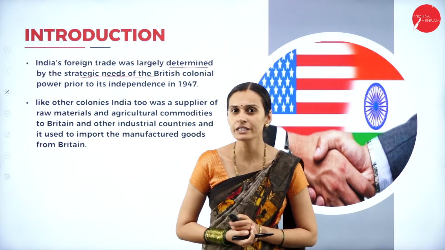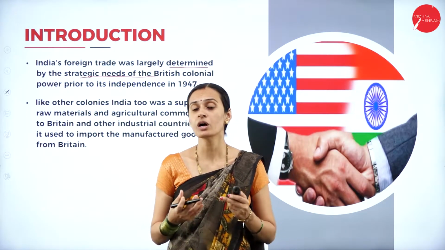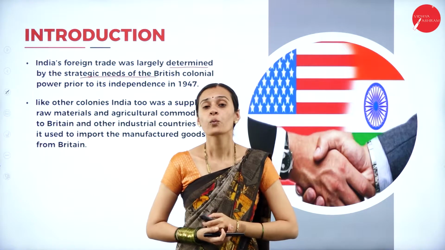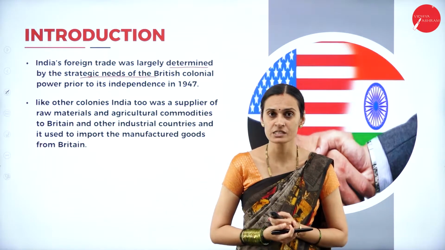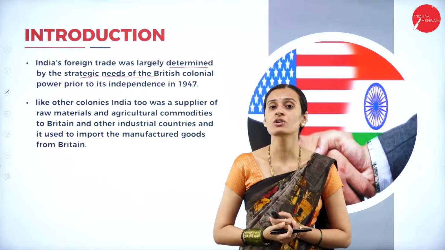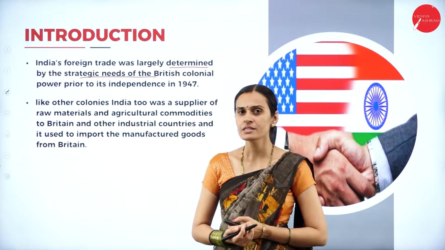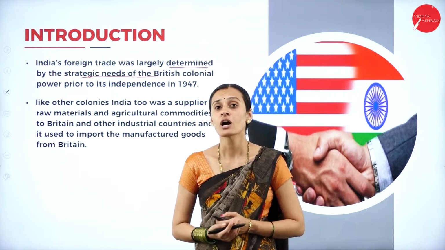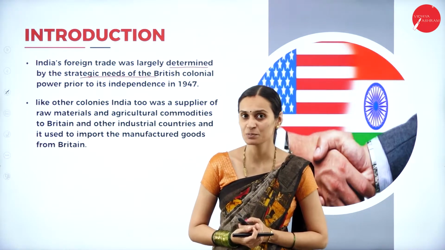But after independence, measures were required to improve our foreign trade relationship. We did not have sufficient resources to manage our requirements, and there was a real necessity to depend on other countries for food and other very essential items. We know that there was a very high rate of imports and a very low rate of exports.